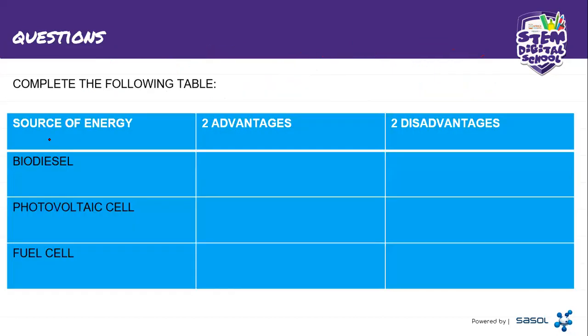Now, let us complete the following table, right? Biodiesel, we must give 2 advantages and give 2 disadvantages. Now, you must remember, my dear learners, I won't fill it in now for you.